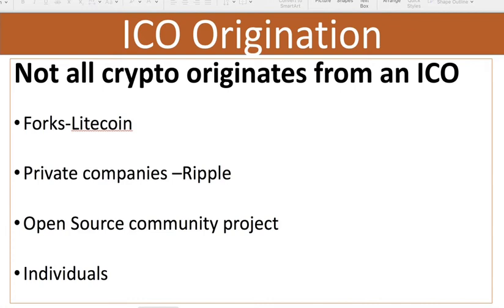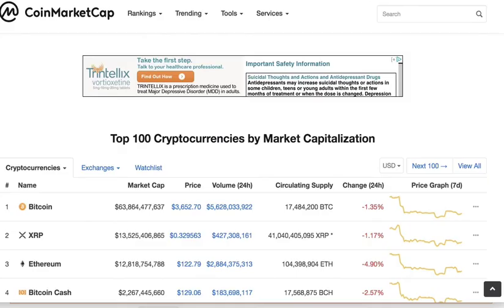Apart from forking a blockchain and creating a new coin, it is also easy for anyone to go and create their own ERC20 token on the Ethereum blockchain.